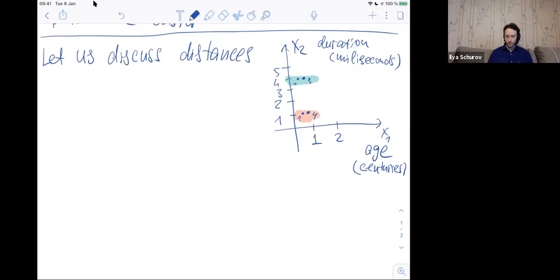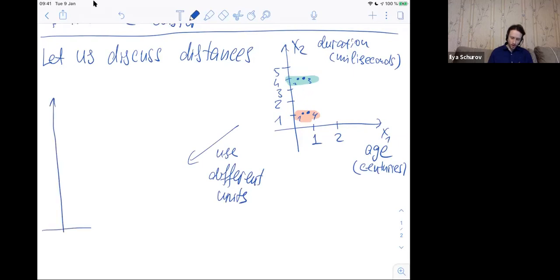Then I say, okay, let us draw the same picture, but use different units of measurement for our variables. Let us now measure age in years and duration in seconds.